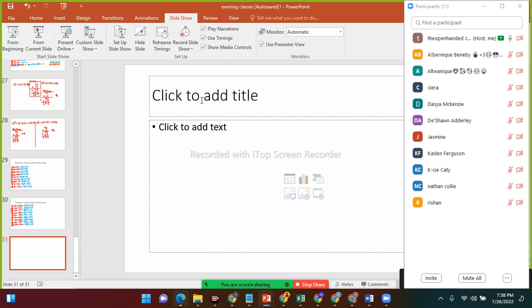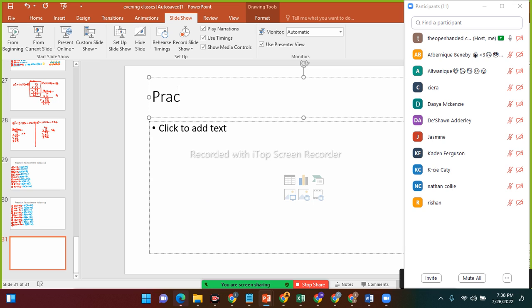So practice. The goal is to factorize the following.